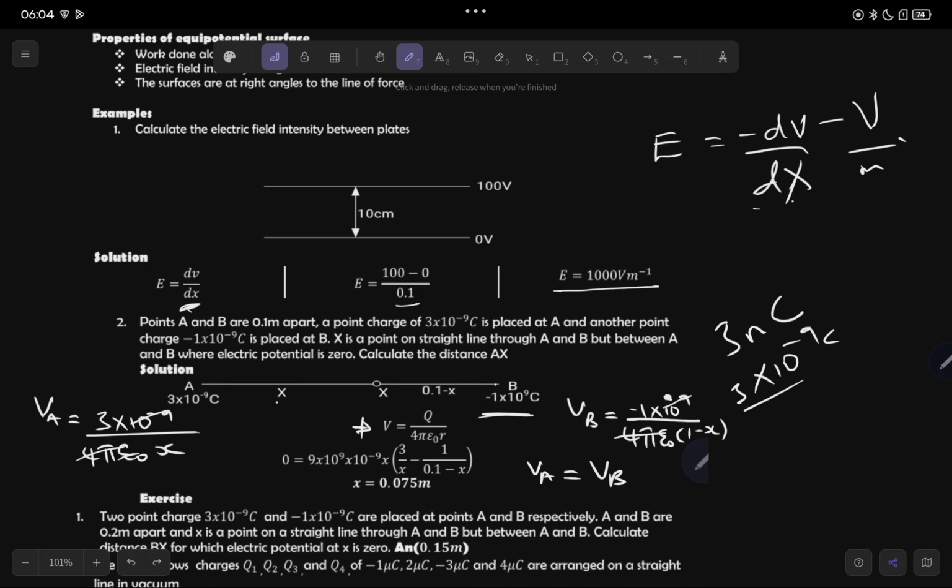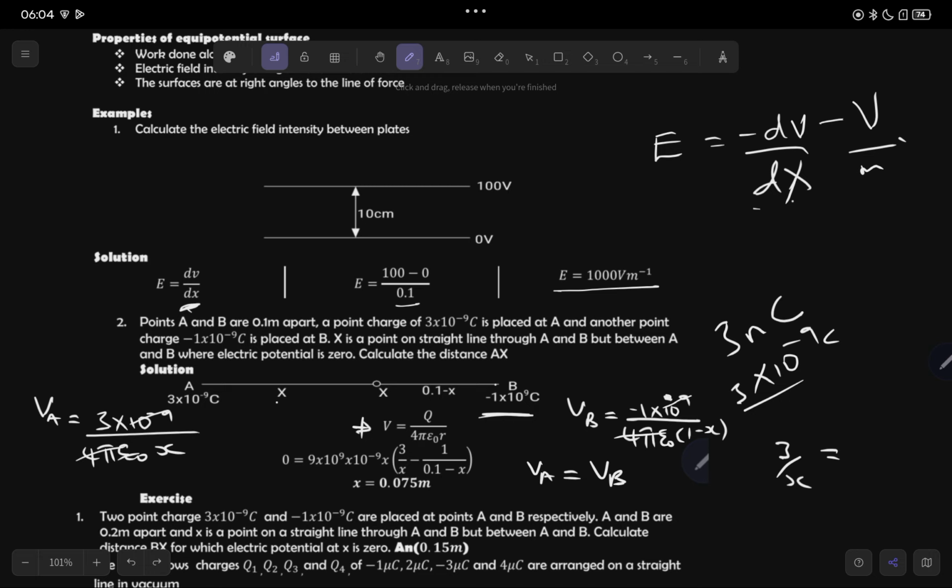You remain with 3 over x is equal to... so you're trying to add them up.